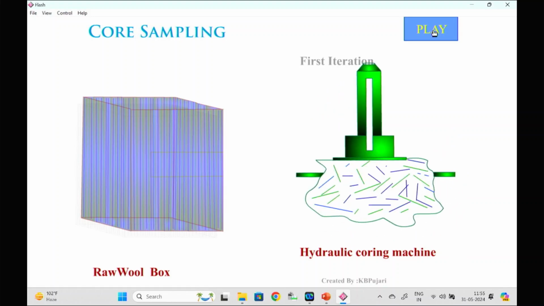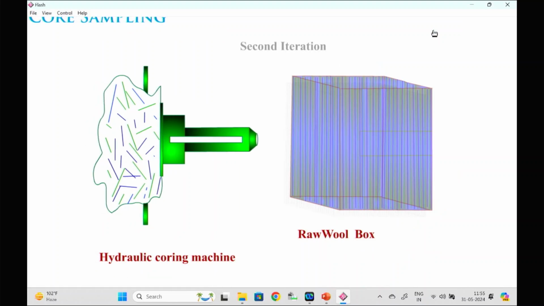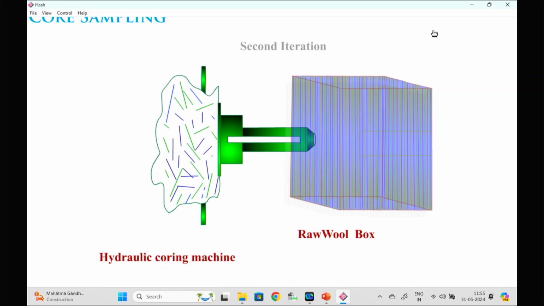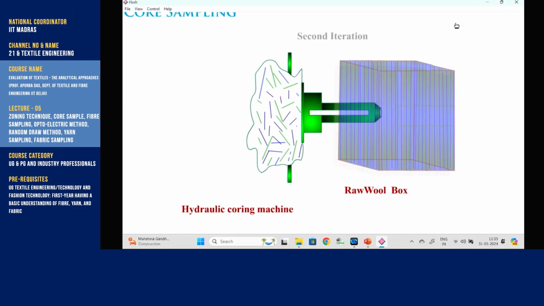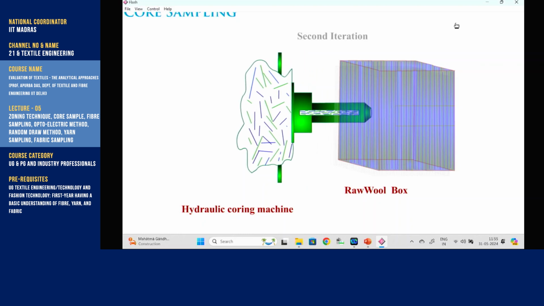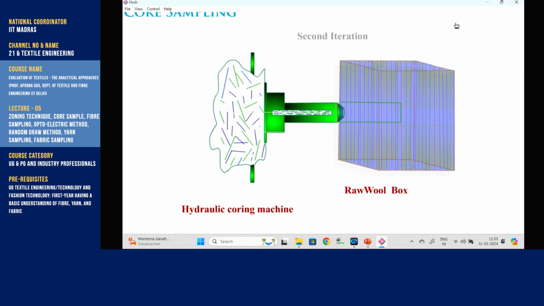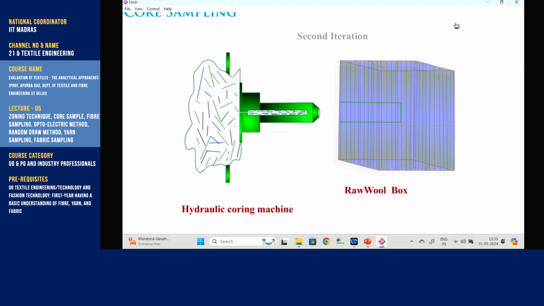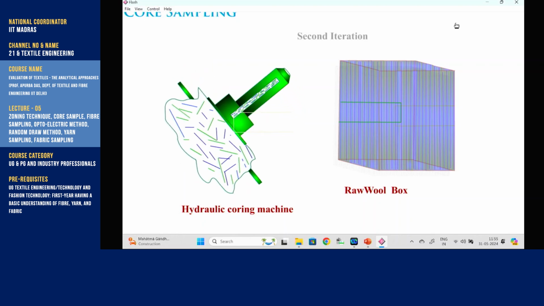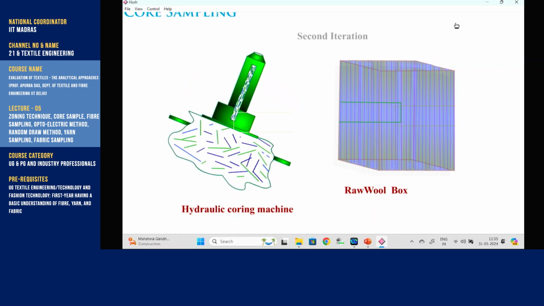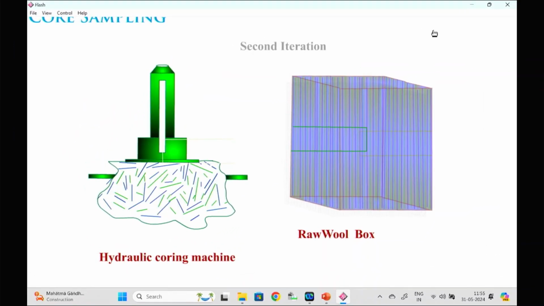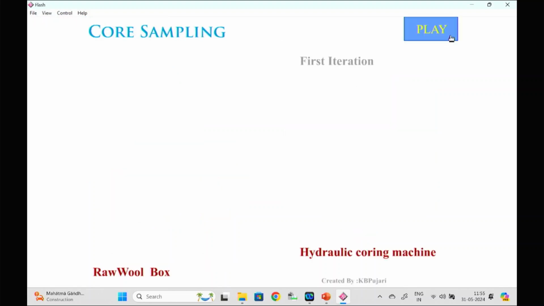Then again from the other side, we continue from different sides of the bale. So it ensures that we are taking fibers randomly from different locations of the bale, without opening or disturbing the bale. Small quantities of fibers are taken.